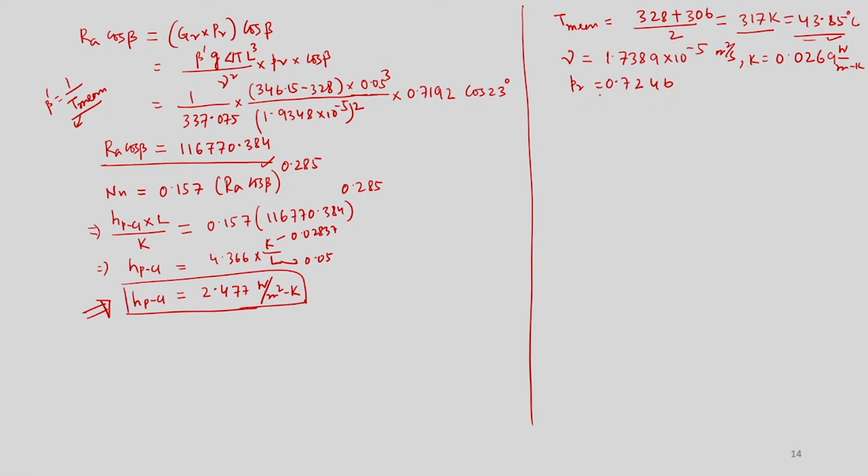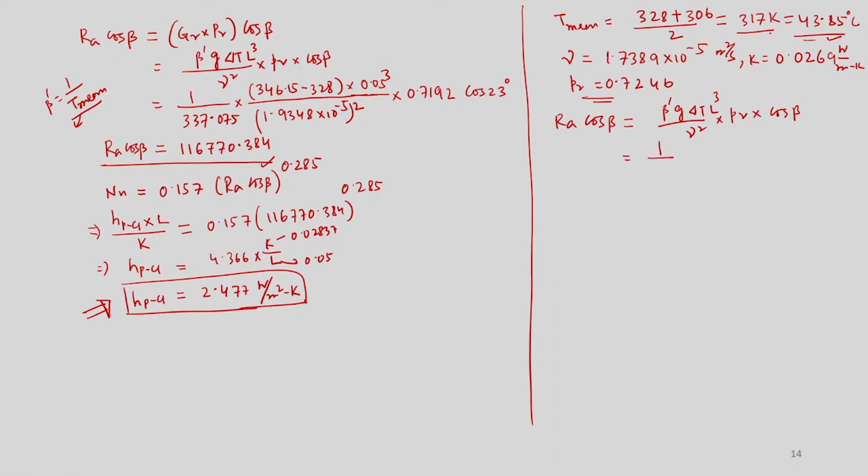So, these values are known to us, then we can calculate what is Ra cos beta. This expression is already known to us. So, it is beta g delta T L cube, over nu square, then Prandtl number, then we have cos of beta. Beta here is 1 by T min.